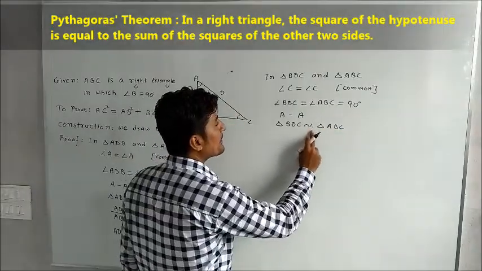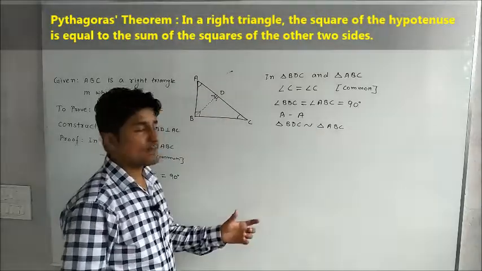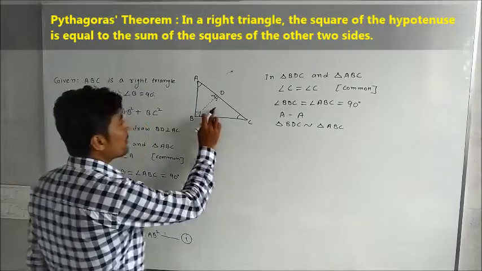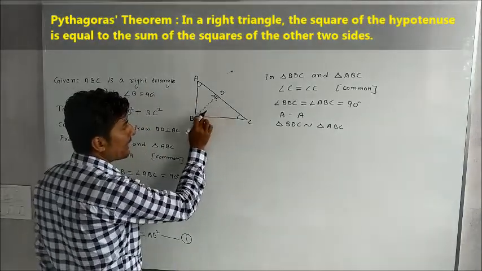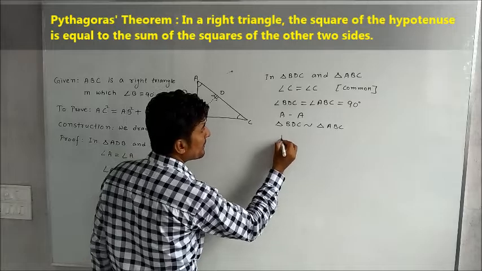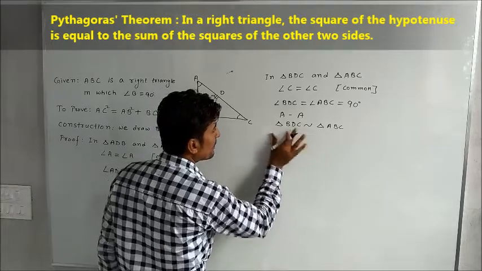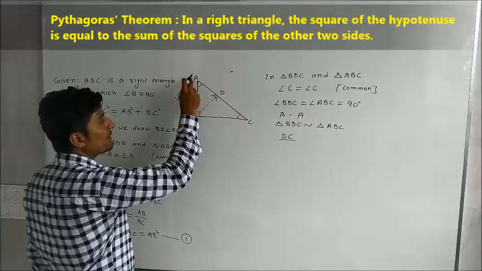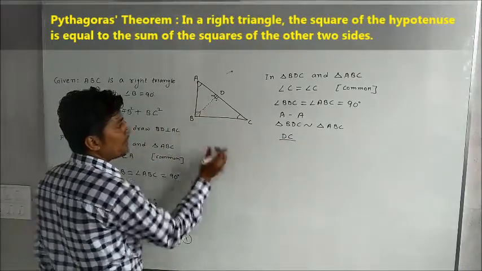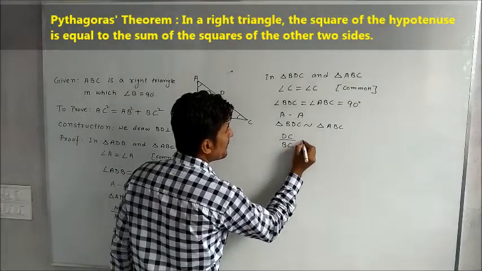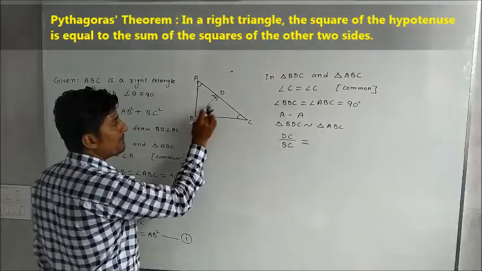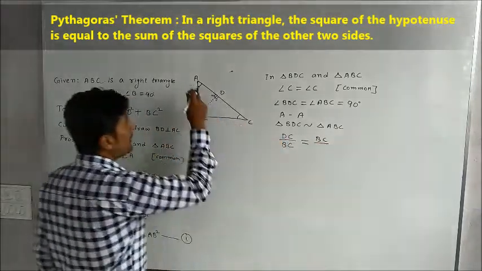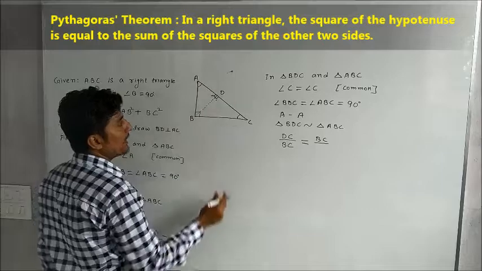Since triangle BDC is similar to triangle ABC, hence the ratio of corresponding sides will be equal. Suppose we are taking side DC of triangle BDC, then in triangle ABC the corresponding side will be BC. If in triangle BDC we are taking side BC, then corresponding side of ABC will be AC.